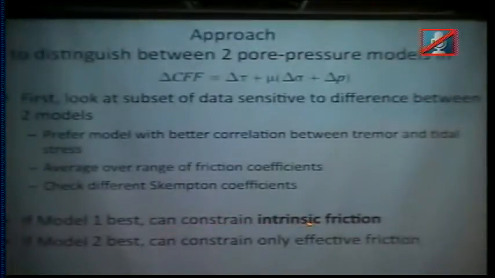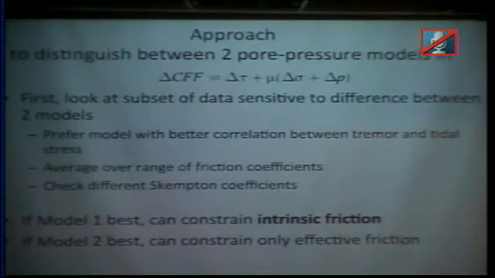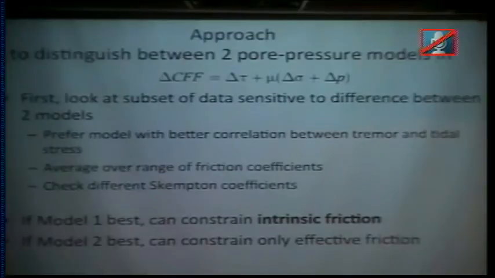So if it turns out that model 1 has the better correlation, then we can go ahead and constrain intrinsic friction, like I did, for example, in that 3D, the red and blue 3D model that showed the exponential shape that we looked at from the side. That had model 1 in it.